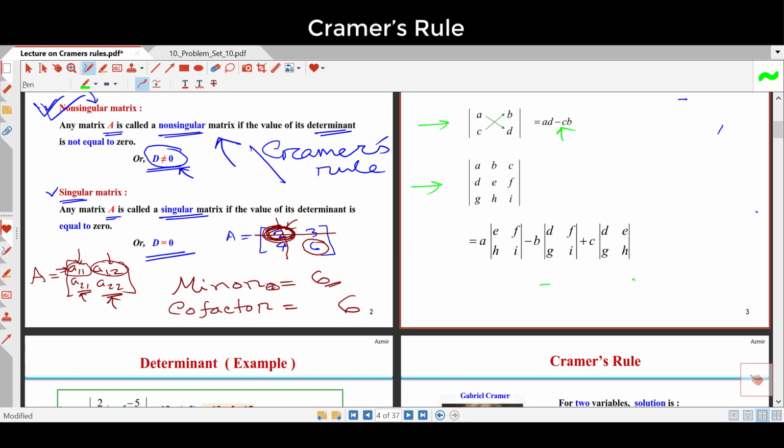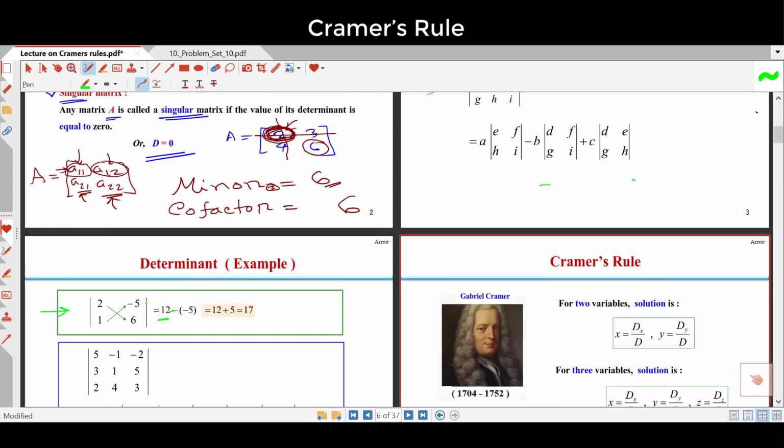Have a look. So 2 times 6, 12, minus 1 times minus 5, that is minus 5. So you can now simplify it. 12 plus 5, that is 17. So this is how you can find the determinant of this type of 2 by 2 matrix where there are 2 rows and 2 columns.